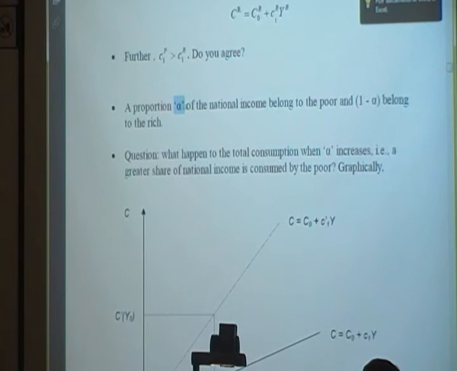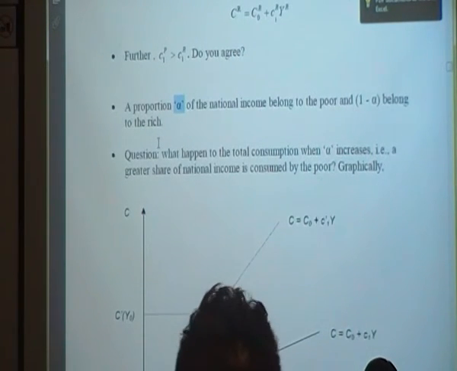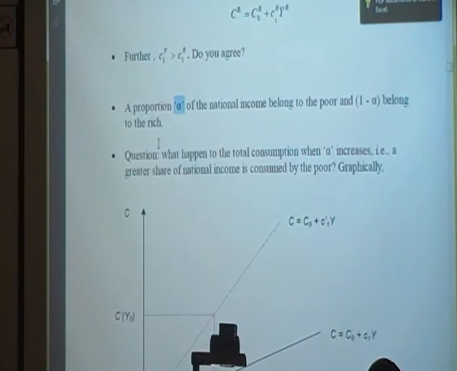Alpha increases. More or less poor people? More poor people. Because alpha of the national income belongs to the poor. So when alpha increases, it means that there is more contribution by the poor. So this economy has more poor than the rich.